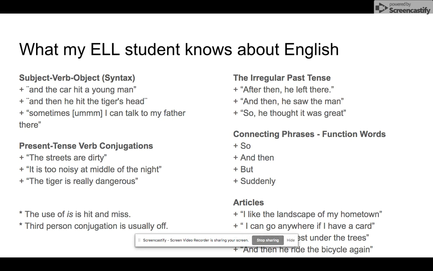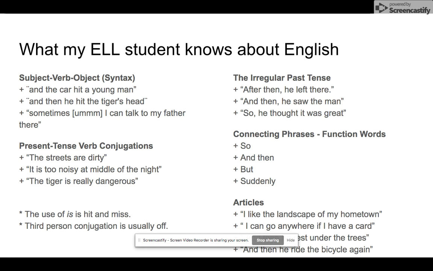I will note down there that the use of is hit and miss, and the third person conjugation is usually off. I'm not going to read these to you, but I think she does a good job here because Korean has subject, object, verb syntax, so the syntax of her native language is different, and she does a good job using the syntax of English.